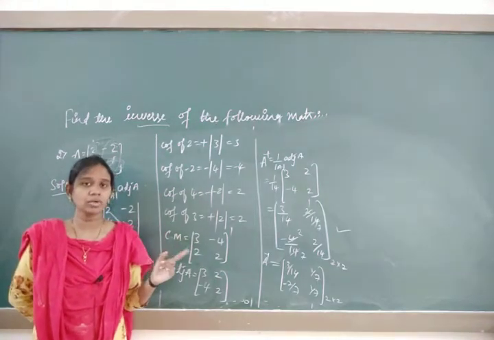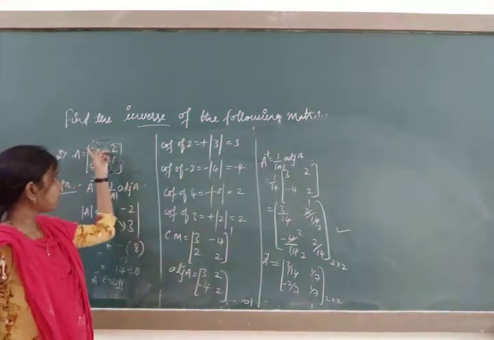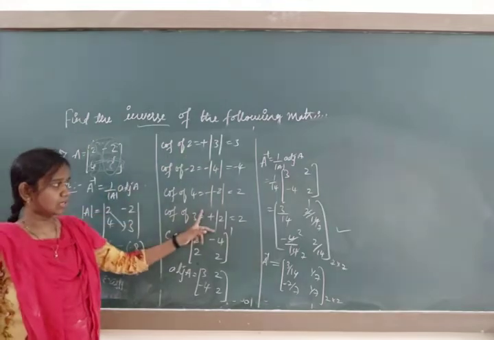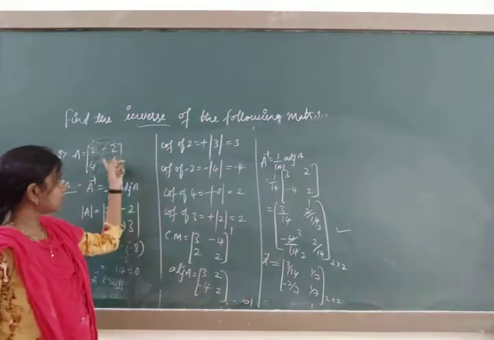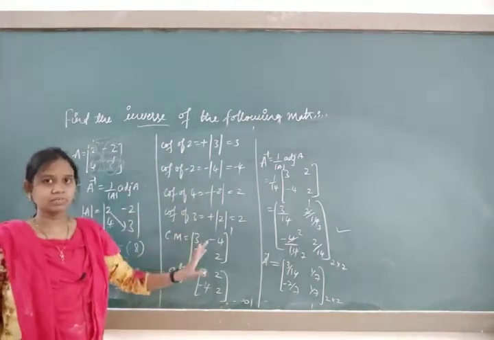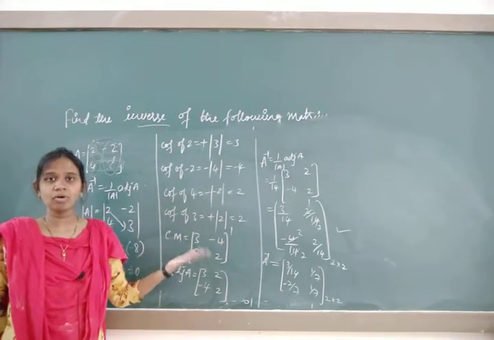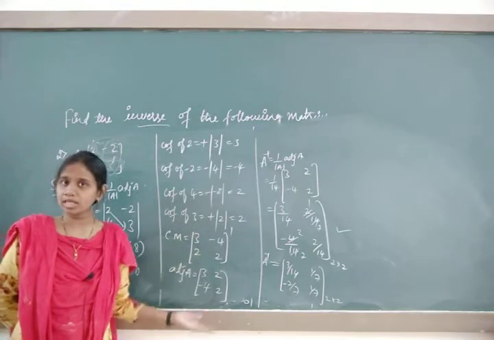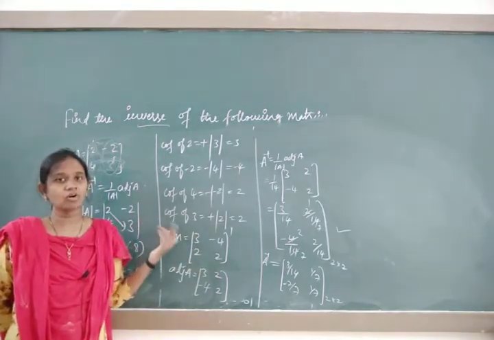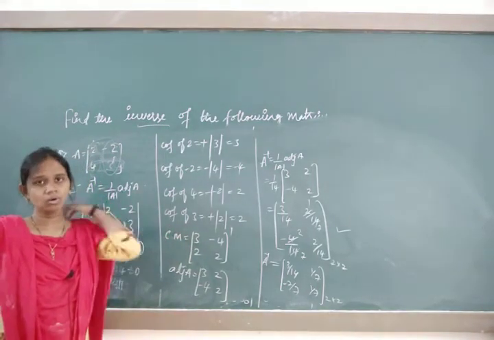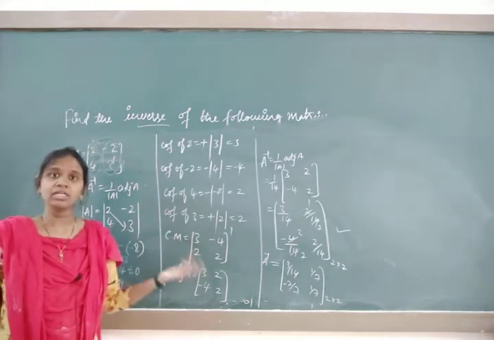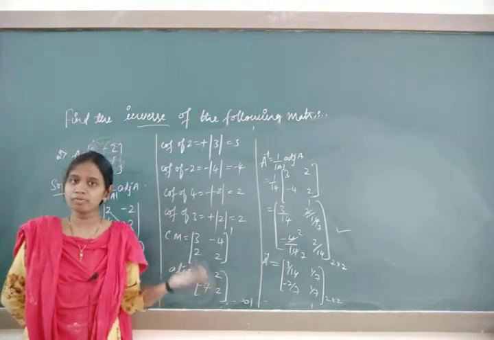And how to find the cofactors? Remember, for primary diagonal you take plus, plus, and for secondary diagonal minus, minus. If you don't remember the signs, go with minus 1 to the power of i plus j. Go through the last session and check the formula for how to find the cofactor, because the cofactor definition itself is minus 1 to the power of i plus j.